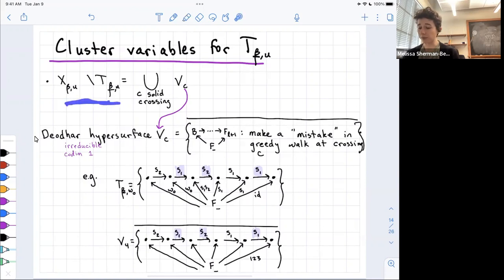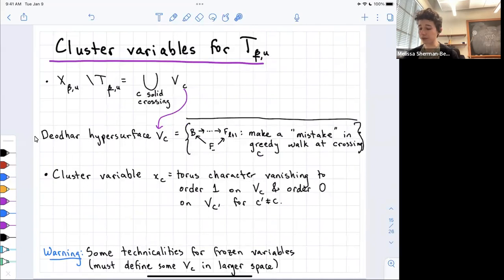So its complement will decompose into a union of irreducible hypersurfaces, which I'll call Deodhar hypersurfaces. And roughly speaking, these Deodhar hypersurfaces correspond to walks where you make one mistake in this greedy procedure of picking permutations on the arrows. I'm not going to go into more detail, but it's relatively easy to describe the points in these Deodhar hypersurfaces.